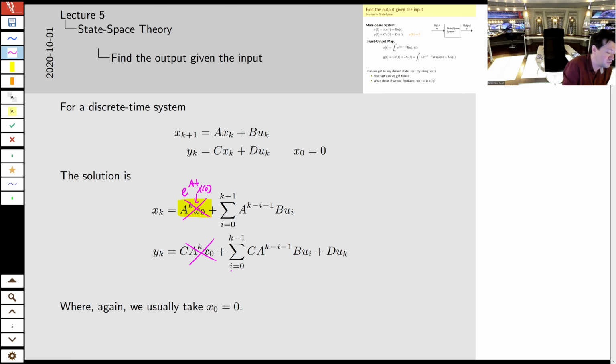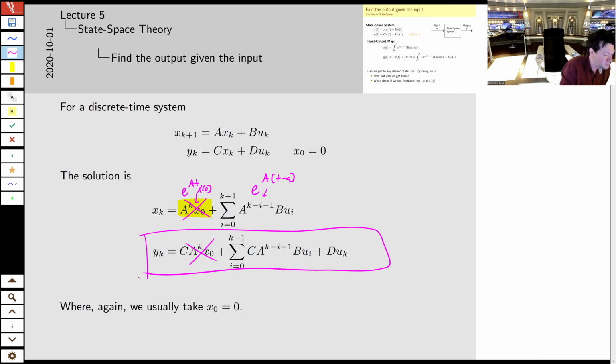So you replace the integral with a summation, and this is similar to e to the A(t minus s) kind of thing there. Just replace the integral with a finite sum. And so again, if we just focus on this term, there's a relationship between the inputs and the outputs, which doesn't depend on the state in any way. We've eliminated the state. And here again, we usually take x naught equal to 0.